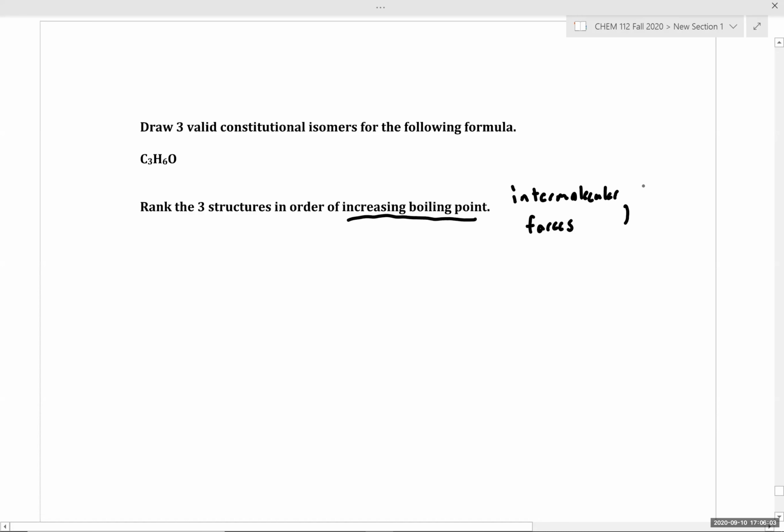And boiling point also depends on molar mass, which is a consequence of the strength of London van der Waals or dispersion interactions. So in this example, we're asked to draw 3 constitutional isomers for the following formula. And then we're going to rank the 3 structures that we've drawn in order of increasing boiling point.